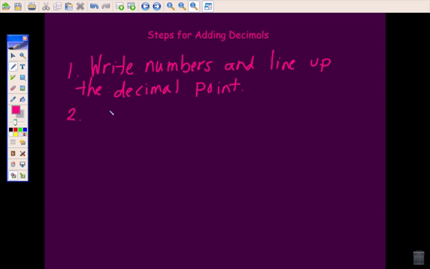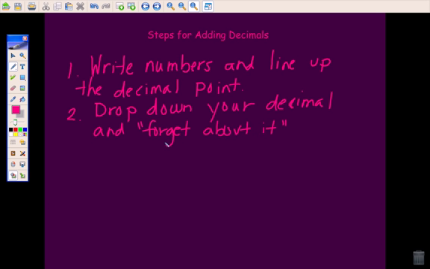And then you're going to drop down your decimal and forget about it. The reason I say forget about it is because you want to add as if there were no decimals involved. You're going to add like normal. You're going to start with your very right side place and you're going to add to the left just like normal, okay?